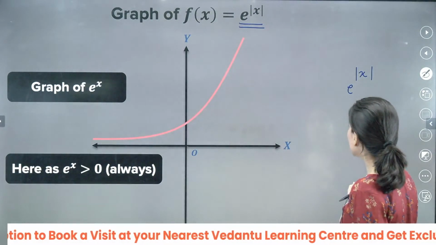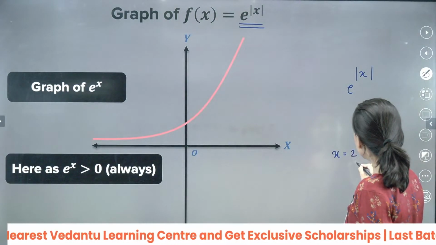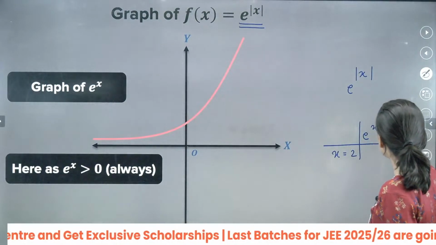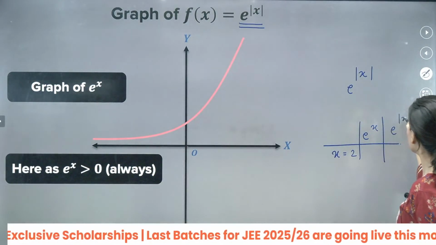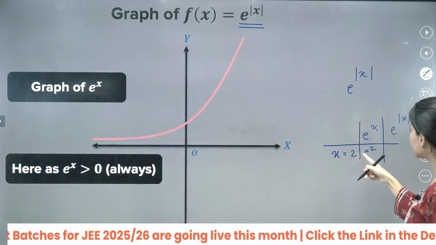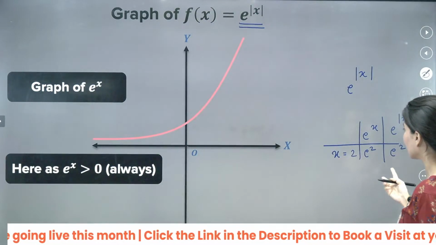Now tell me one thing: if I put x equals 2 in e raised to power x, what will I get? You will get e square, and if you put x equals 2 in this graph, you will get e square again. That means the same thing.